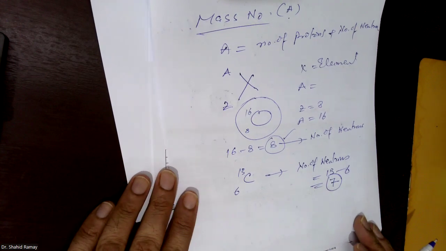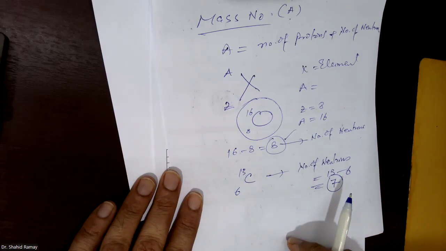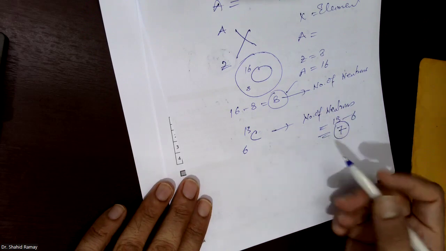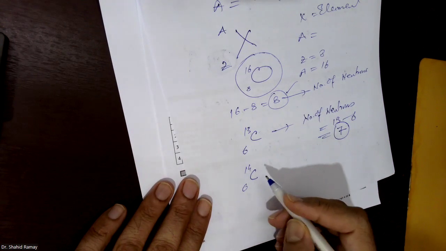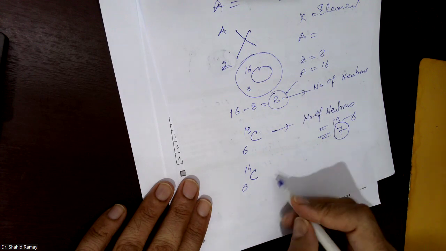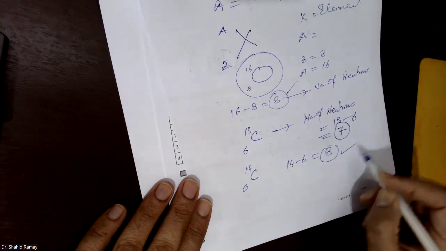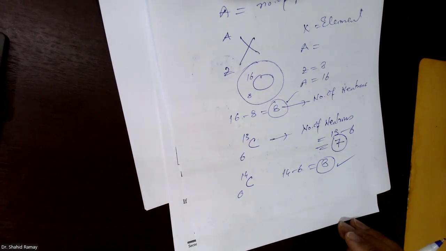Any element is given and you just subtract the lower value from the upper value. Similarly, we have many other examples like 6C14. 14 minus 6 is equal to 8, so 8 is the number of neutrons. The second thing which you should remember is what is an isotope.